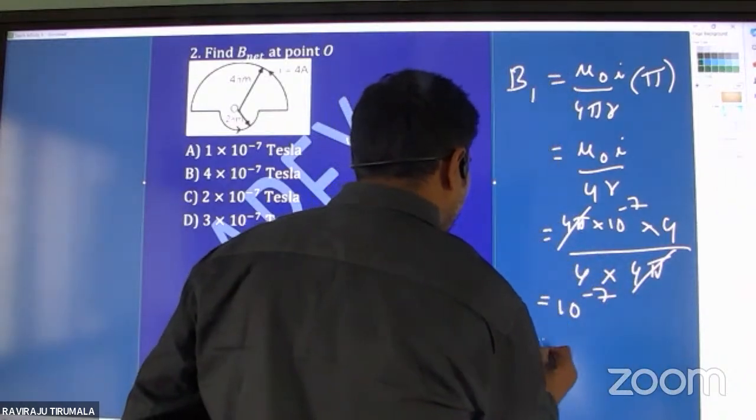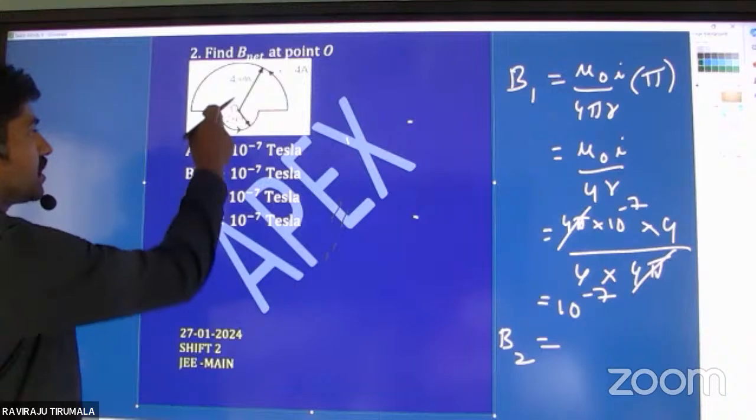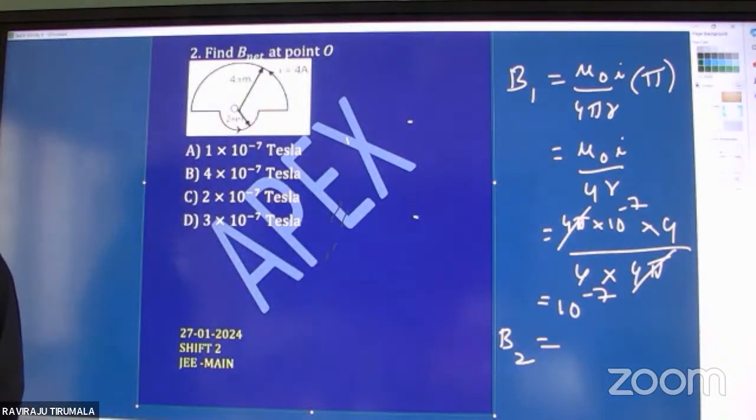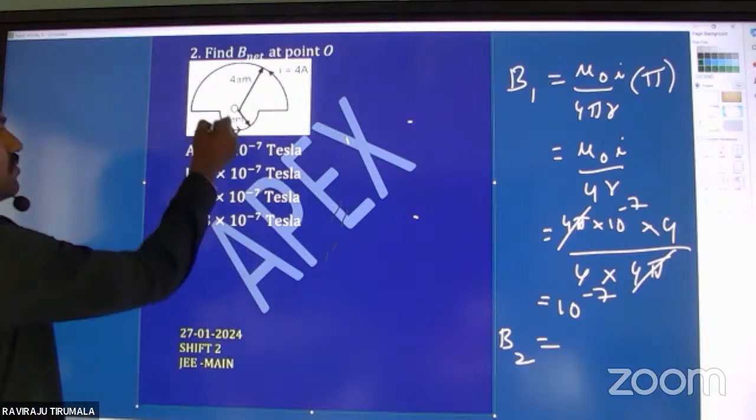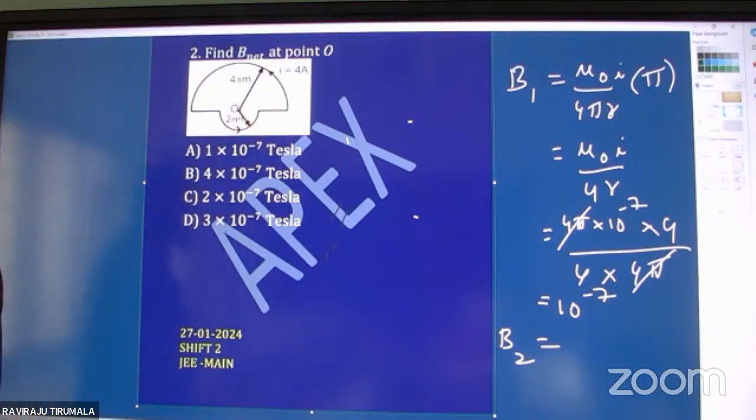And what about the second part of the coil here? Mu naught I by 4 pi r into pi, same form. This is also 180 degrees. So again mu naught I by 4r.